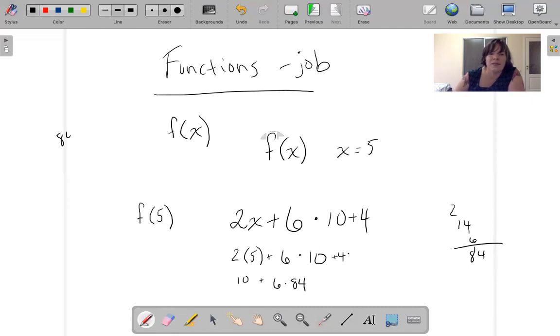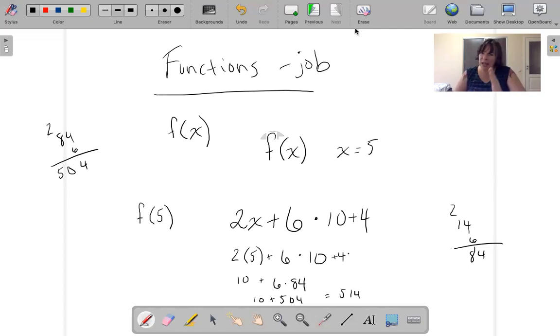Well, 84 times 6 is 504. 10 plus 504, which is 514. Now, I bet at least half of you didn't follow that at all, and you're saying, Mrs. Givens, what is going on?